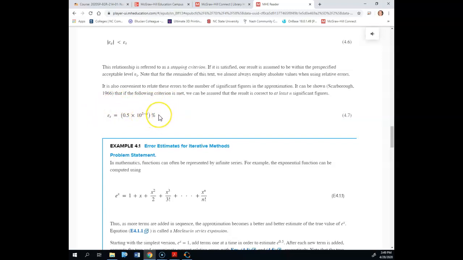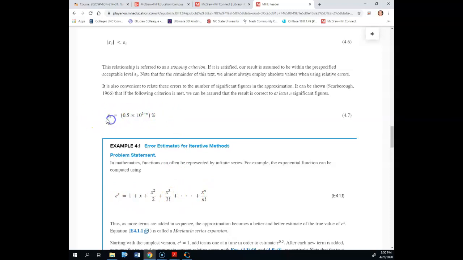So we would want to compare our percent error that we're getting in our problem with this one, and continue including additional terms in the Taylor polynomial until our percent error comes out in this value.